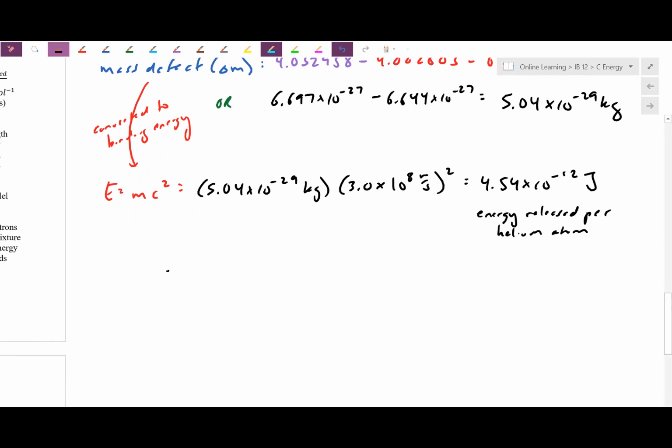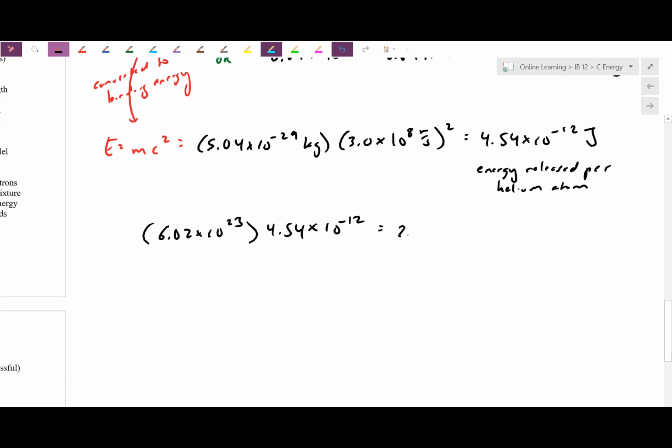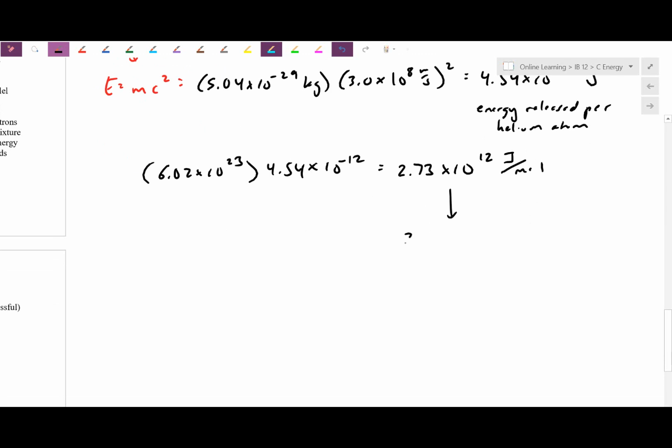So let's take an Avogadro number, 6.02 times 10 to the 23, and multiply it by this 4.54 times 10 to the negative 12. You can even go 10 to the negative 15 for kilojoules. At first I get 2.73 times 10 to the 12 joules for every given mole, or better yet, 2.73 times 10 to the 9 kilojoules per mole.